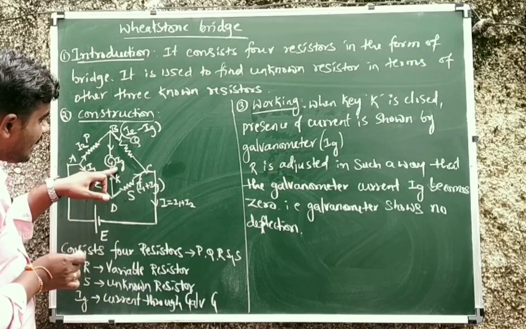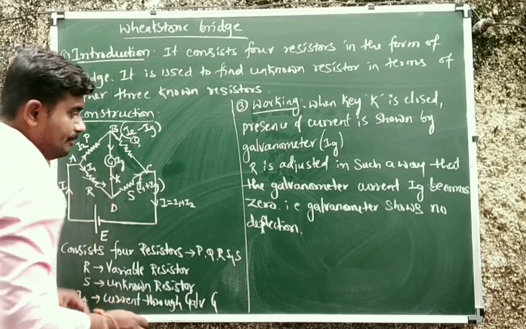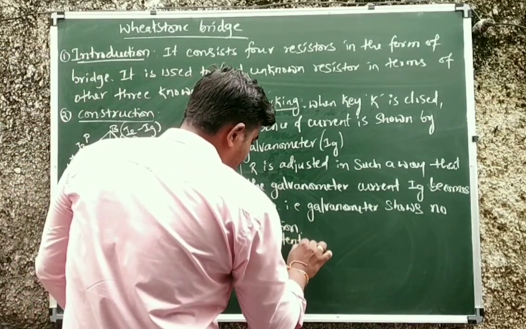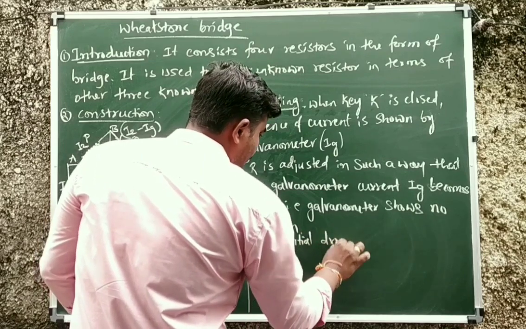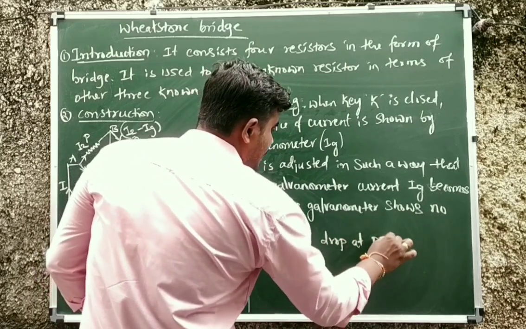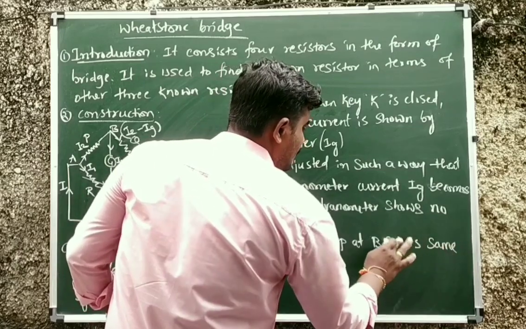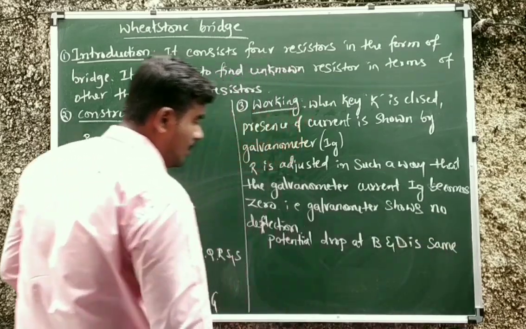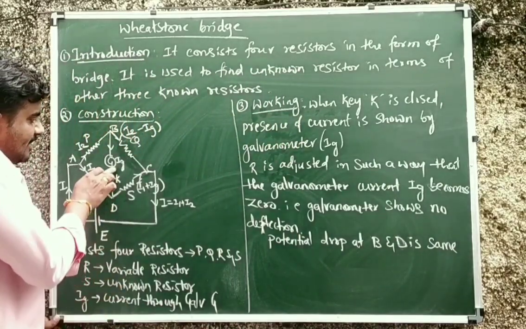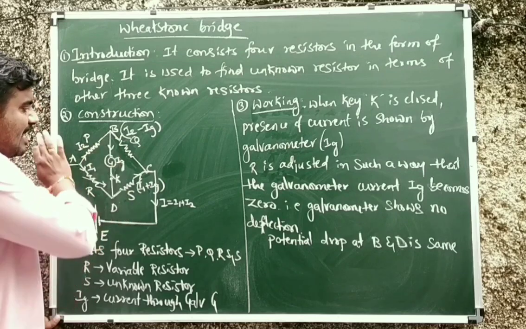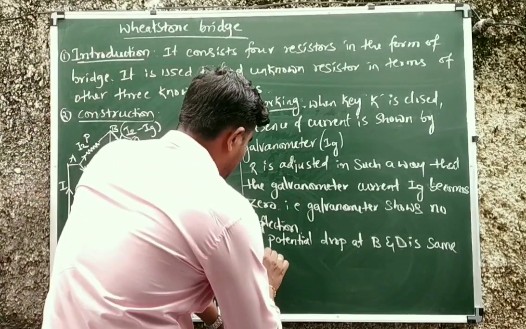Then and only then the current across the galvanometer is going to be 0. If IG current is 0, it means potential drop at B and D is the same. Then the bridge is said to be balanced.